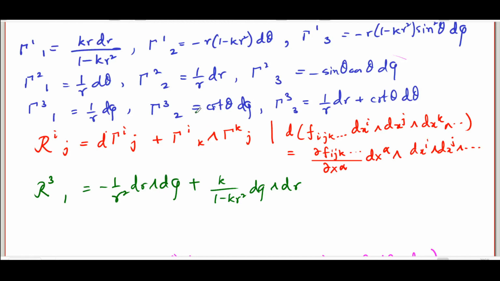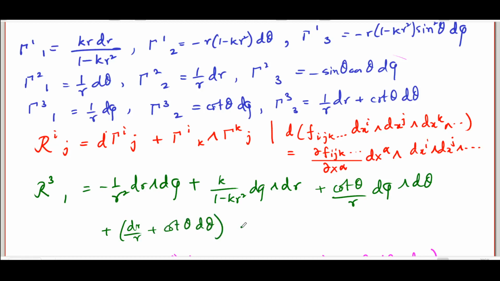Then you have gamma 3 2 wedge gamma 2 1. This with this. So cotangent theta by r d phi wedge d theta. Finally gamma 3 3, dr by r plus cotangent theta d theta, wedged with gamma 3 1, 1 by r d phi.